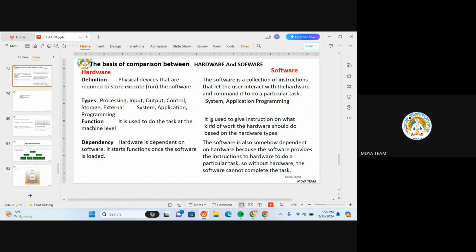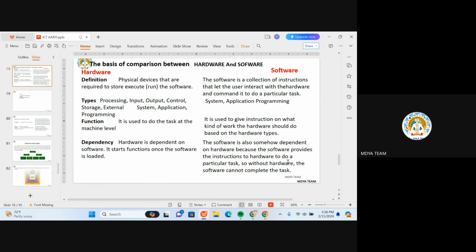They are dependent on each other. Without software, hardware is meaningless, and without hardware, software is meaningless. If you have hardware but no software, what will you work on? And if you have a software application, but you have no input device and no output device, how will this work?